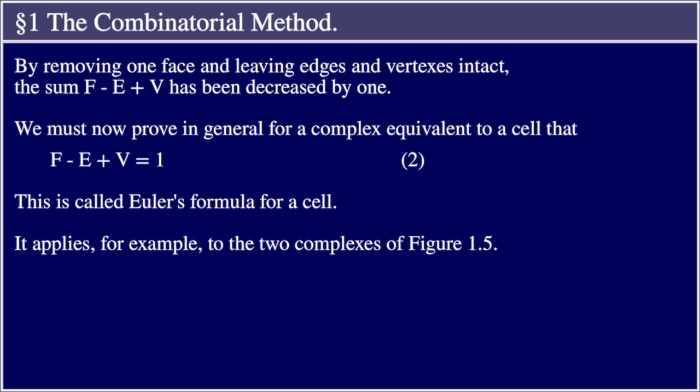By removing one face and leaving edges and vertices intact, the sum F minus E plus V has been decreased by 1. We must now prove in general for a complex equivalent to a cell that F minus E plus V equals 1, equation 2. This is called Euler's formula for a cell. It applies, for example, to the 2 complexes of Figure 1.5.